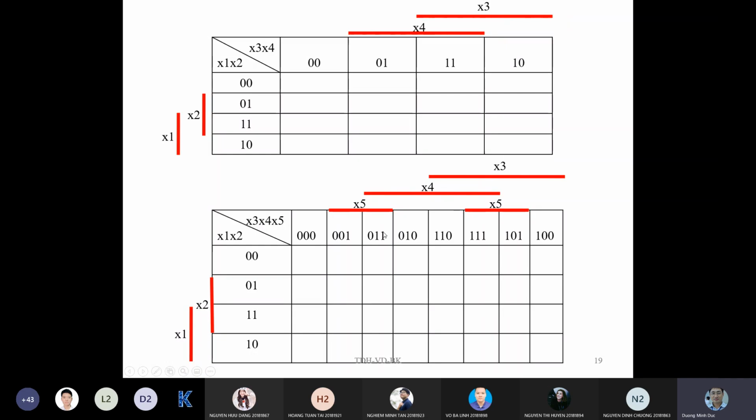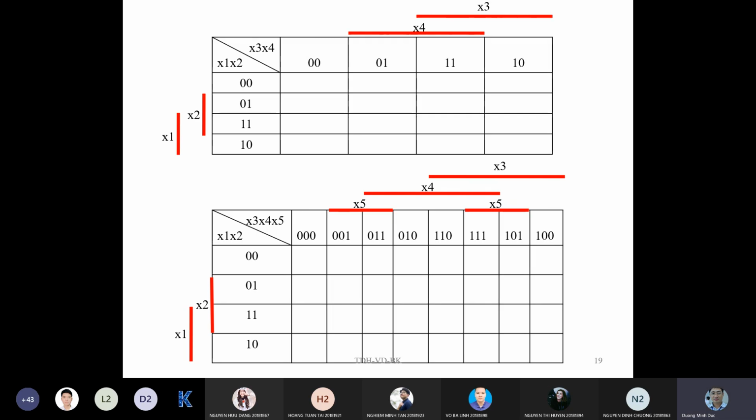So here is one kind of example. 0, 0, 0, 0, 0, 1, 0, 1, 1, 0, 1, 0, 1, 1, 0, 1, 1, 1, 1, 0, 1, and 1, 0, 0. So the question here is how can we number the columns here so that the rule is kept, right?